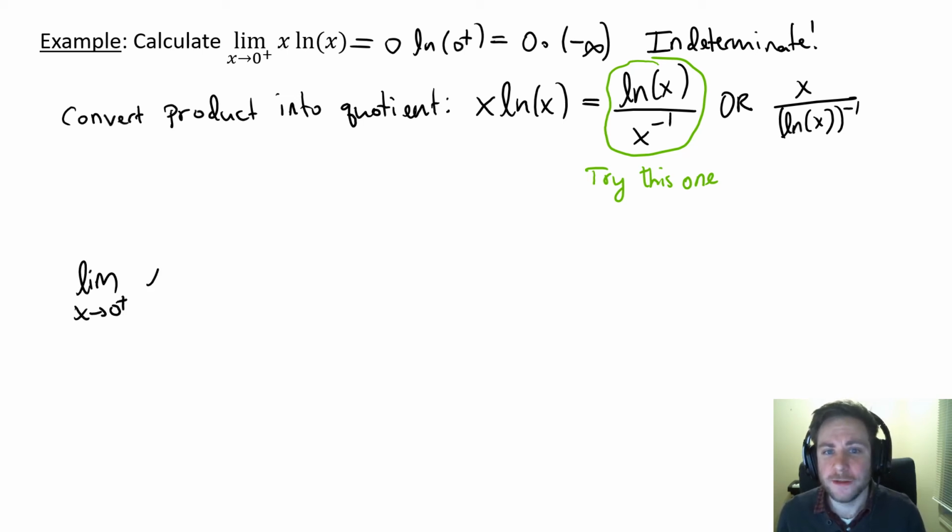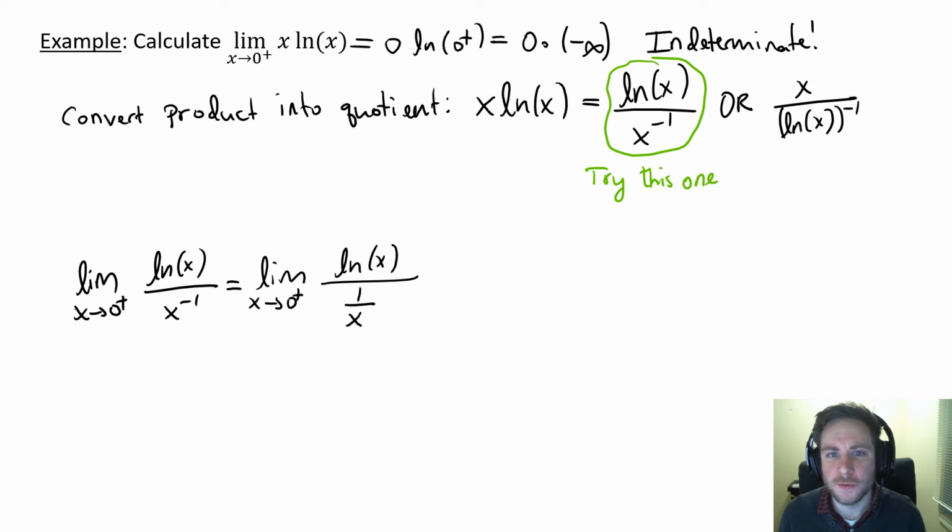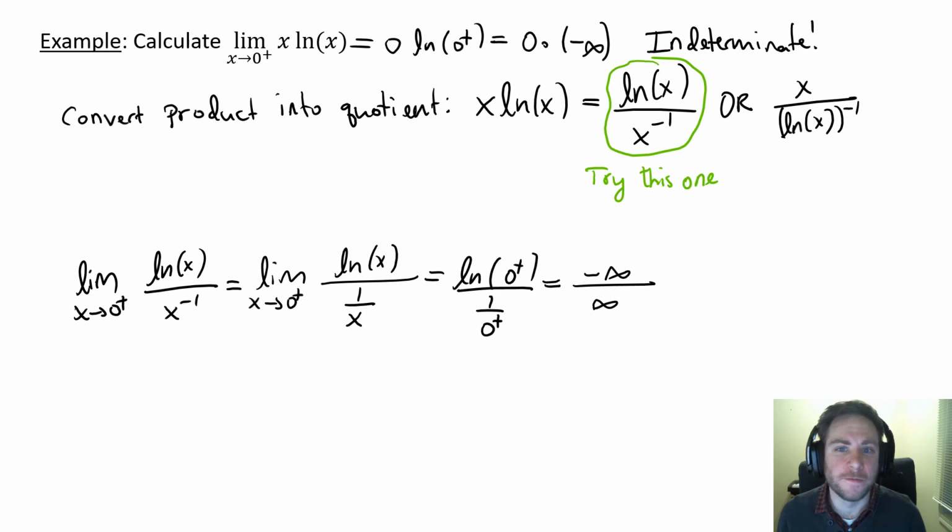So we want to take the limit of this fraction, but before we can use L'Hopital's rule, we need to check that we have permission. So let's see what this limit evaluates to. To help with that, it might be useful to express x to the minus 1 as 1 over x. And now if we let x go to 0 from the right, this gives us a result of minus infinity over infinity.